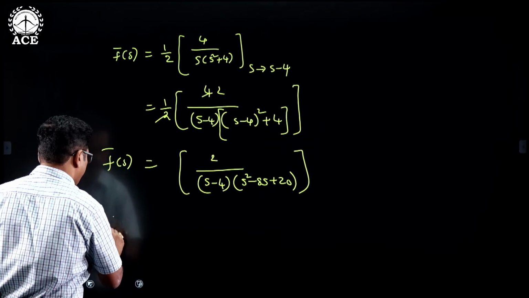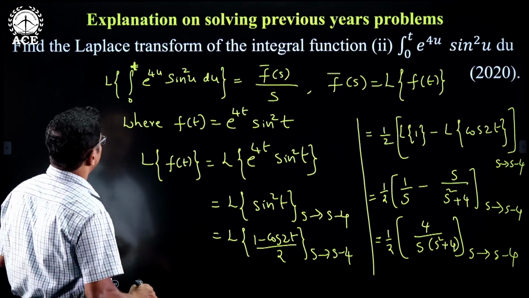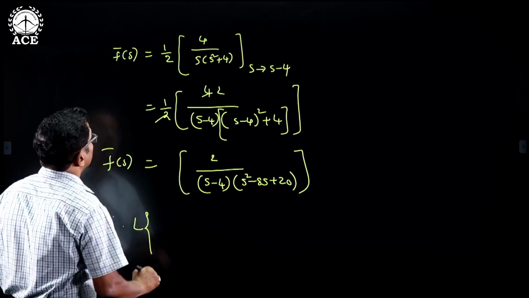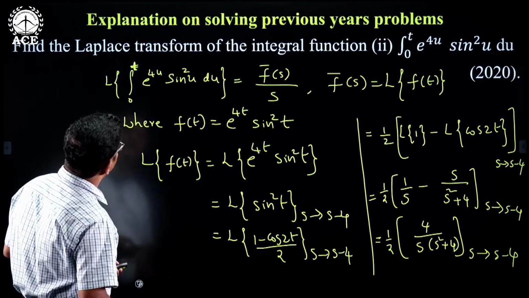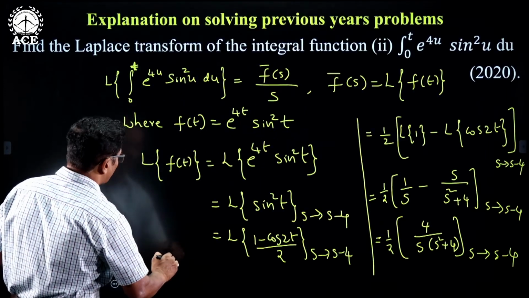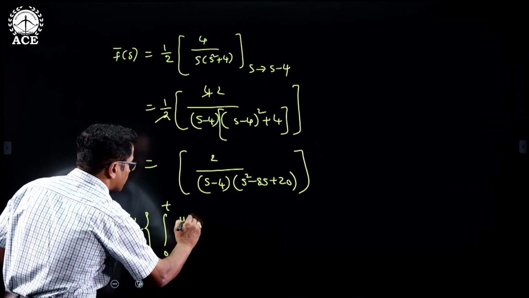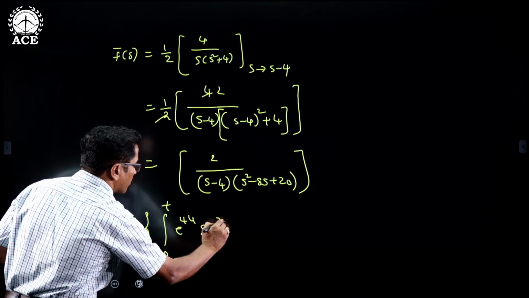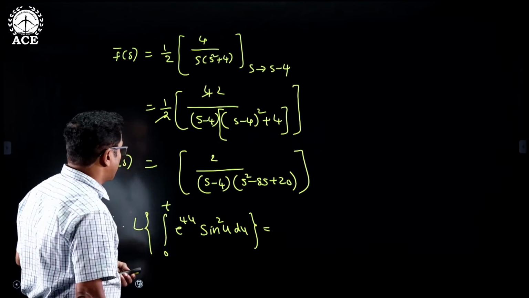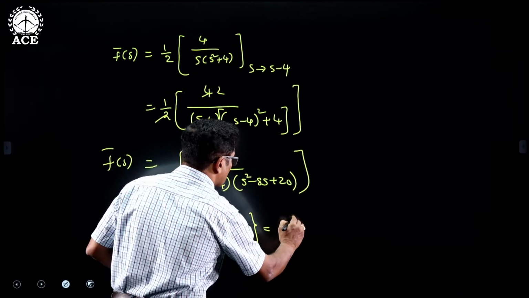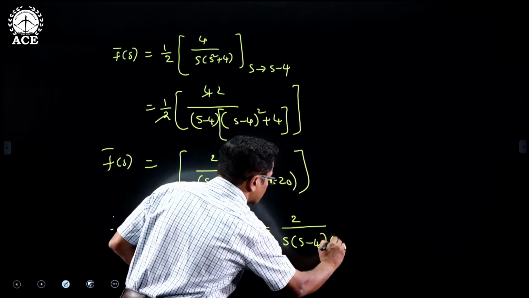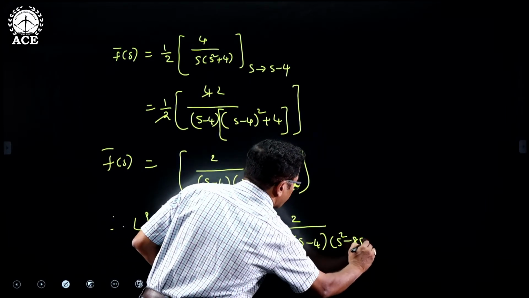So therefore L of e power 4t sin square u du, L of integration 0 to t e power 4u sin square u du is equals to f bar of s by s, that is 2 by s into s minus 4 into s square minus 8s plus 20.